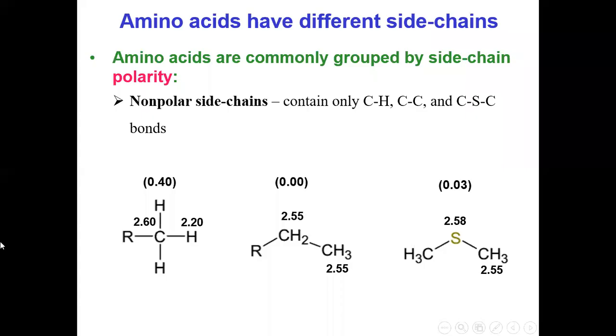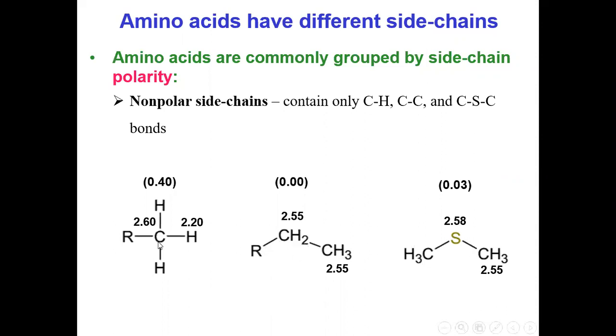On the other hand, we have amino acids whose side chains are non-polar. And when we look at the chemical groups composing their side chains, we see that in most cases they contain only bonds between carbon and hydrogen atoms or between carbon atoms. So in the second case, it's easy to understand why such a side chain is non-polar, because the electronegativity difference is 0.